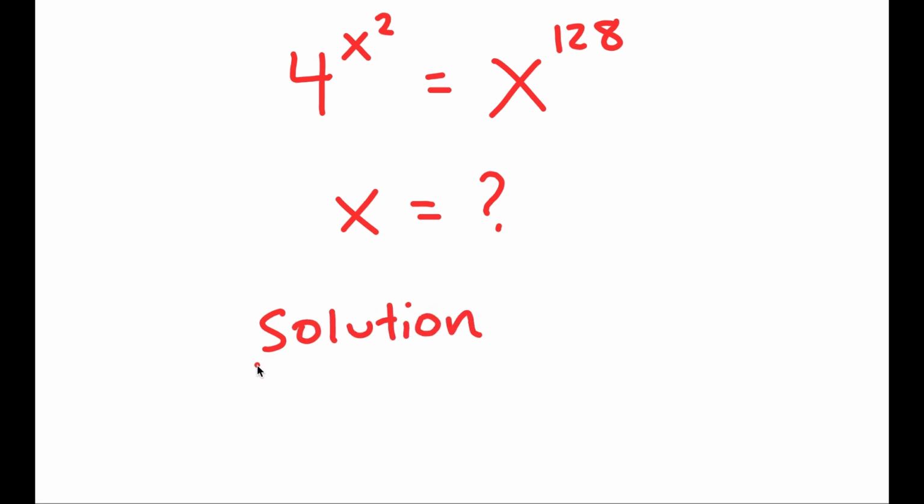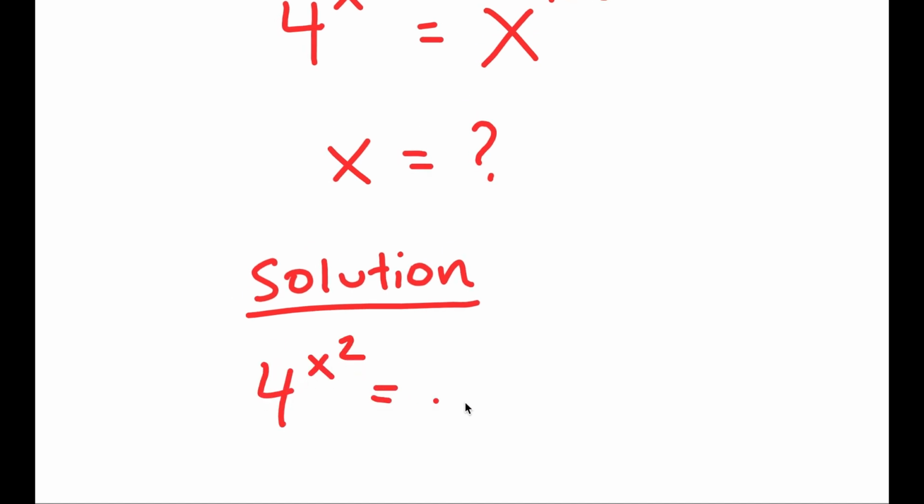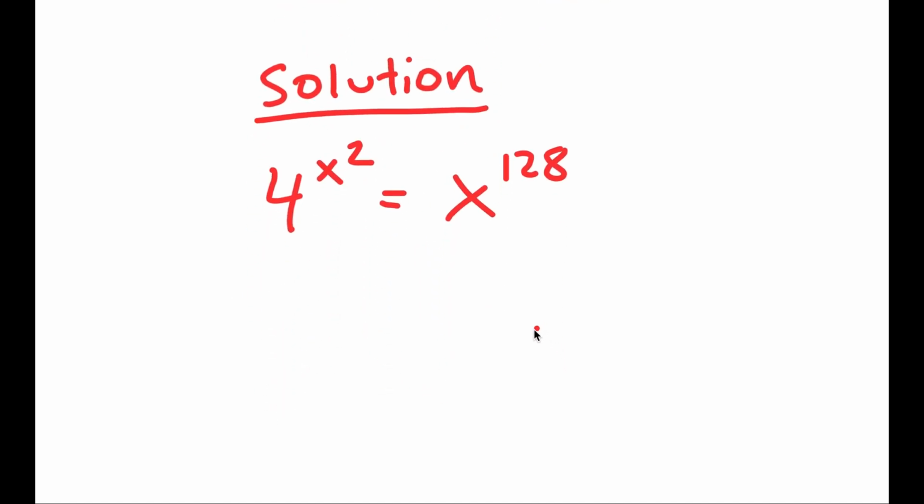But now for my solution, I have 4 to the power of x squared is equal to x to the power of 128. And I'm going to first start by rewriting x to the power of 128 as x to the power of 2 times 64.